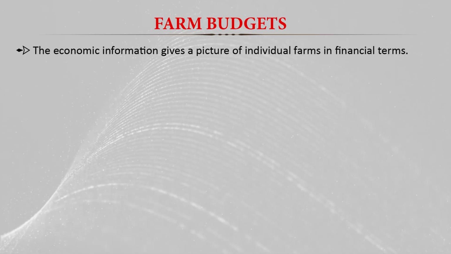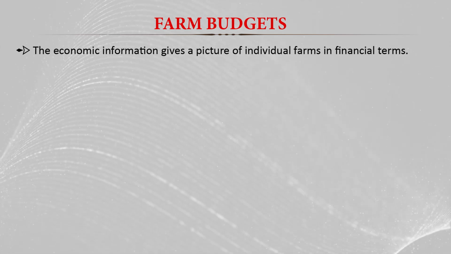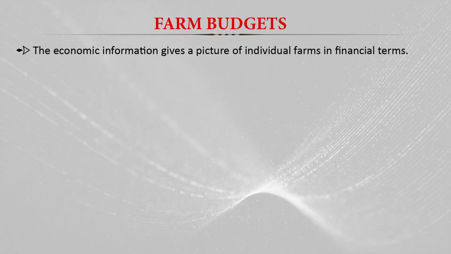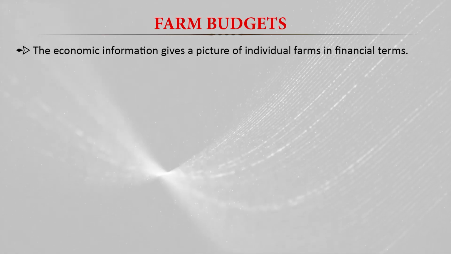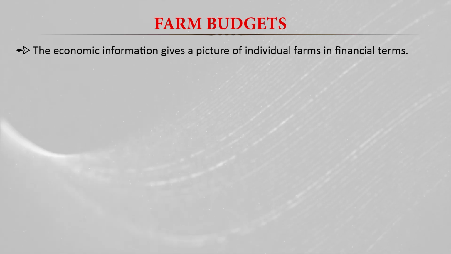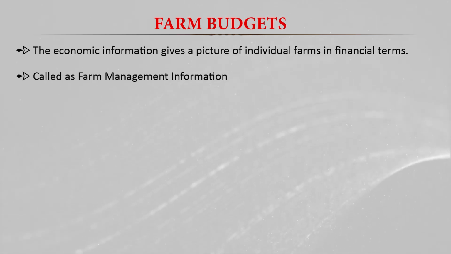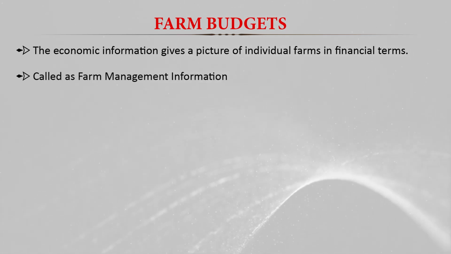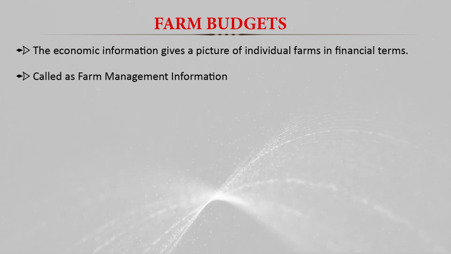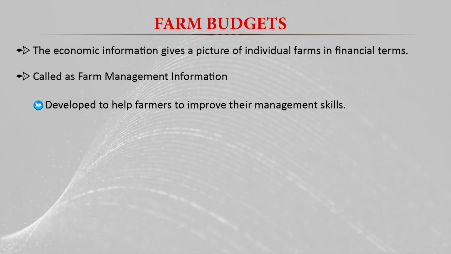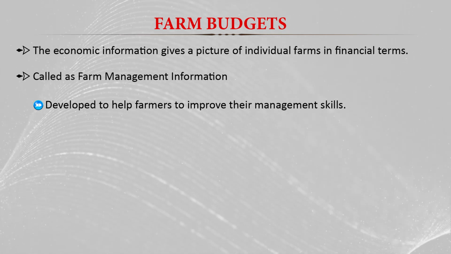Now we will understand the farm budget. The farm budget is economic information that gives a picture of an individual farm in financial terms. The farm budget provides the complete picture of the farm activity in terms of money values, and sometimes we call it farm management information. This farm budget, or farm management information, was developed to help the farmers improve their managerial skills.